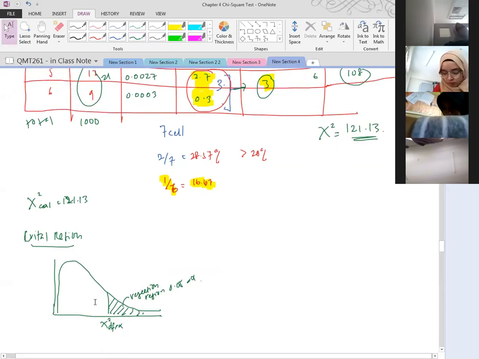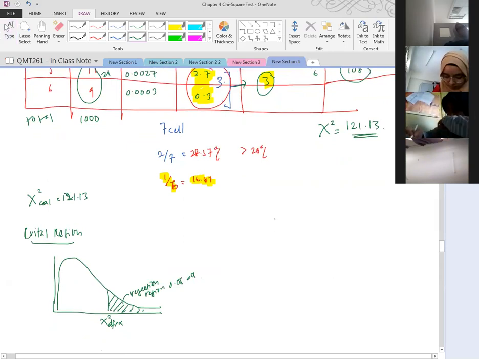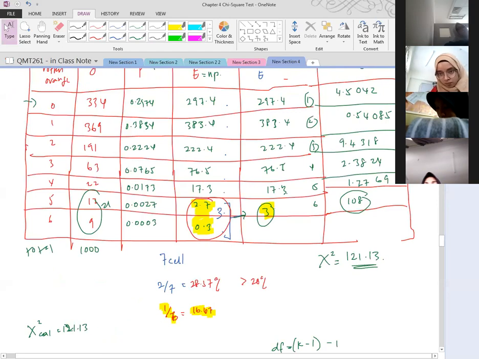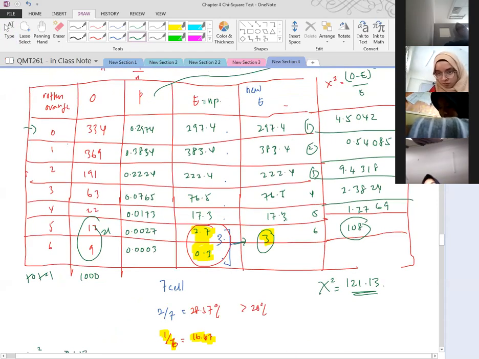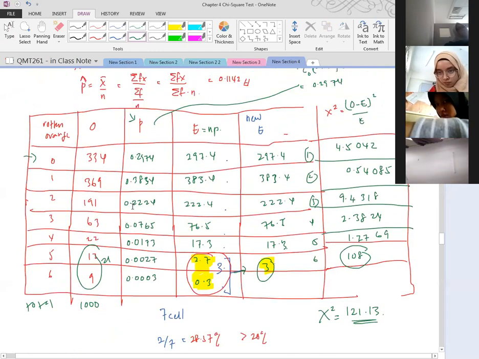Now our degree of freedom here is quite different compared to the previous example. The degree of freedom is k minus 1, right? K minus 1 is the total that we agree on, and we need to minus another one because we are computing the probability value using the data, right?